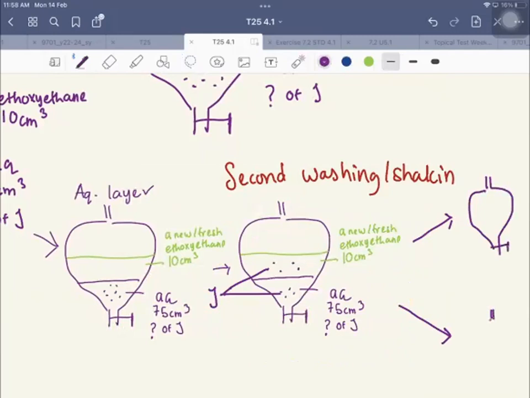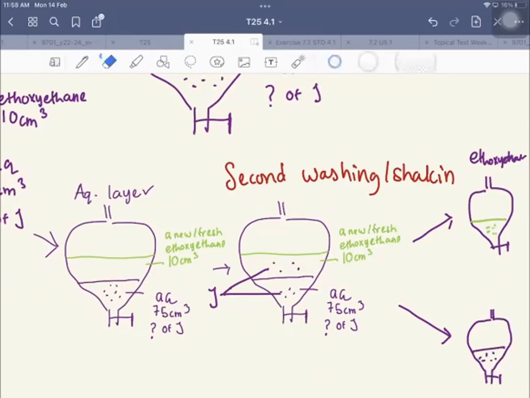The ethoxyethane layer and the aqueous layer. So I'm going to use green for the ethoxyethane and purple for the second aqueous layer.